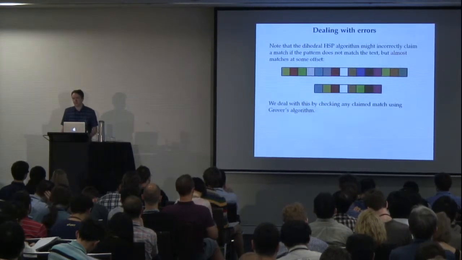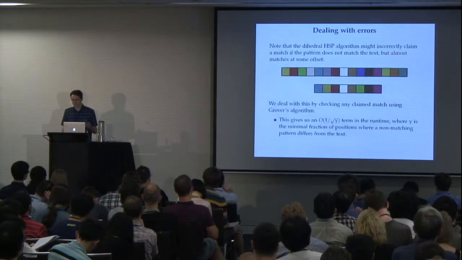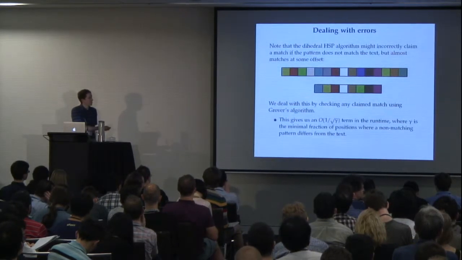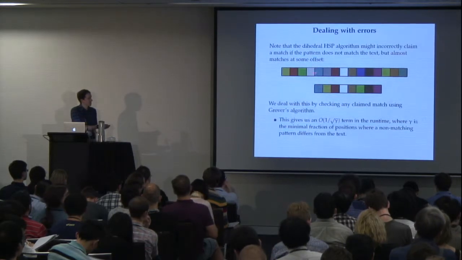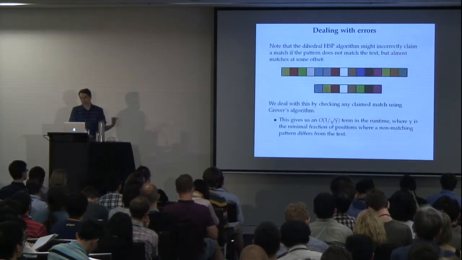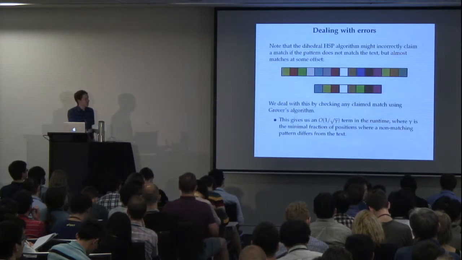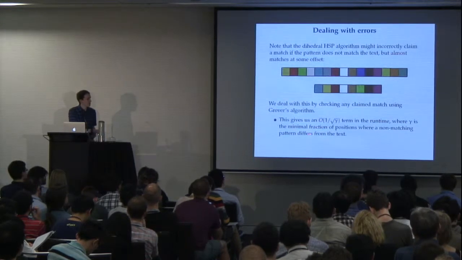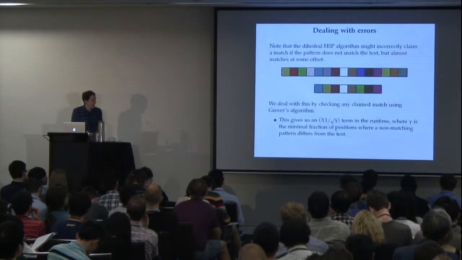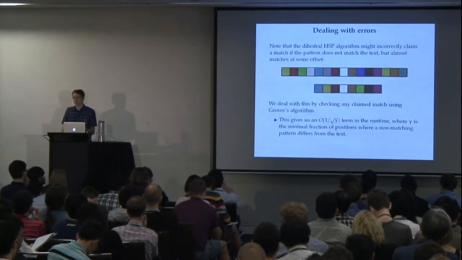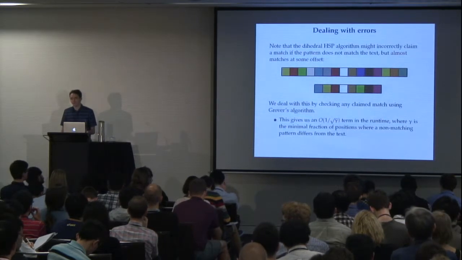And we can check this using Grover's algorithm. We can attempt to find a position where there's a difference between the text and the pattern, once we have a claimed position where it should match. And this gives us an extra term in the runtime, which is dependent on the minimum fraction of positions where a pattern that doesn't match the text does actually differ from the text.